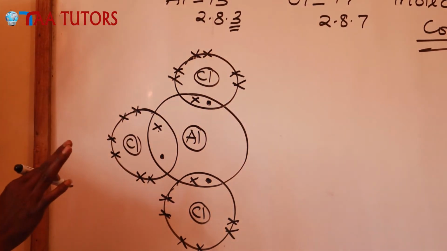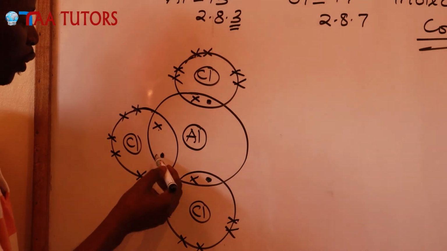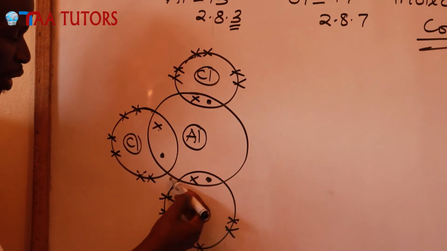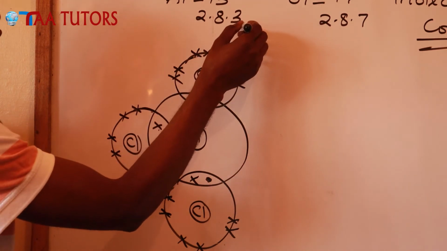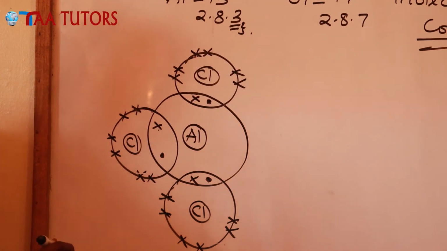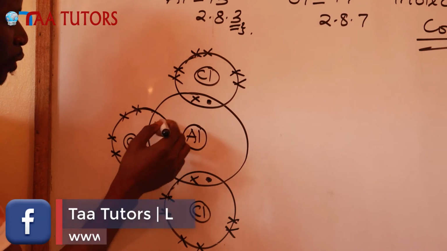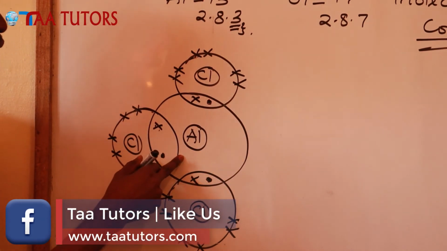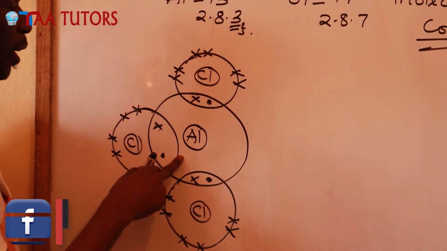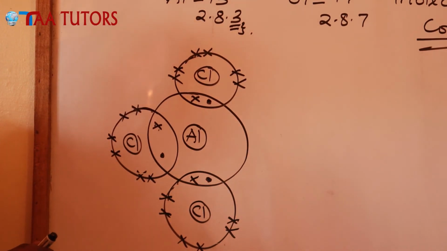So if you look at this case, there's a problem here. While the chlorine atoms are all stable, having 8 electrons by sharing electrons, the outer energy shell of aluminum has only 1, 2, 3, 4, 5, 6. It means that for this aluminum to be stable, we need to have 8 electrons in the outer energy shell, but it does not have that.